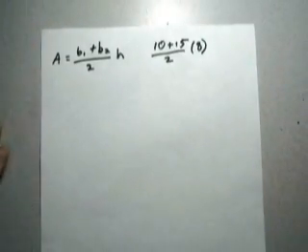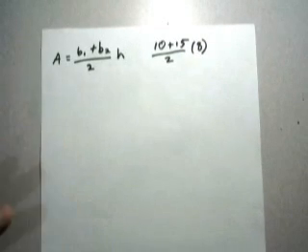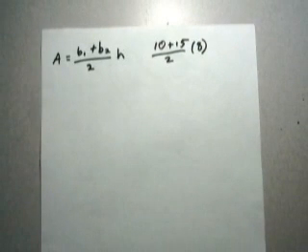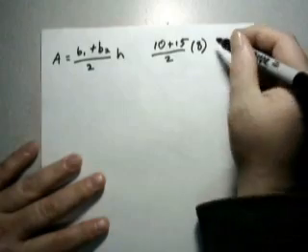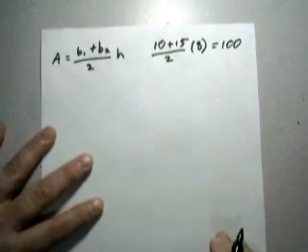Okay, so 10 plus 15, 25. 25 divided by 2 is 12.5. 12.5 times 8 is 100. So the area of that trapezoid is 100.